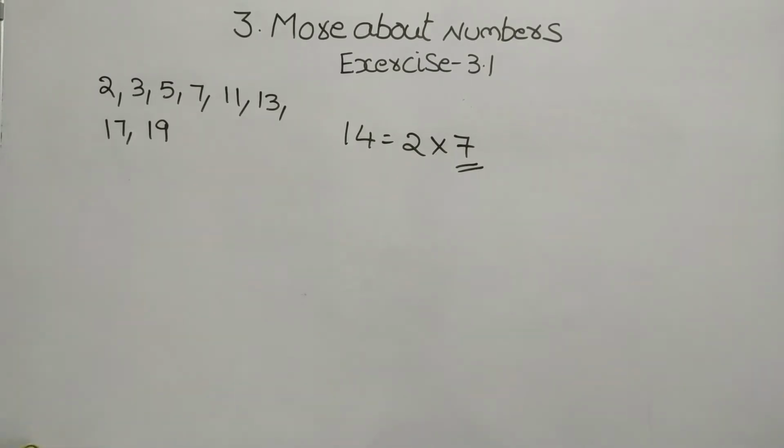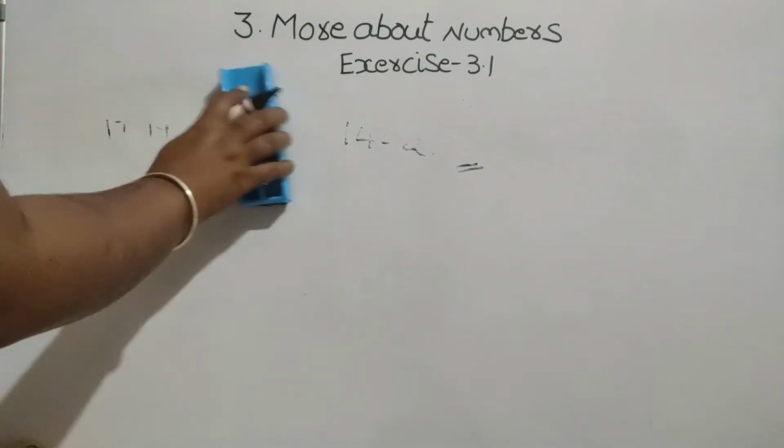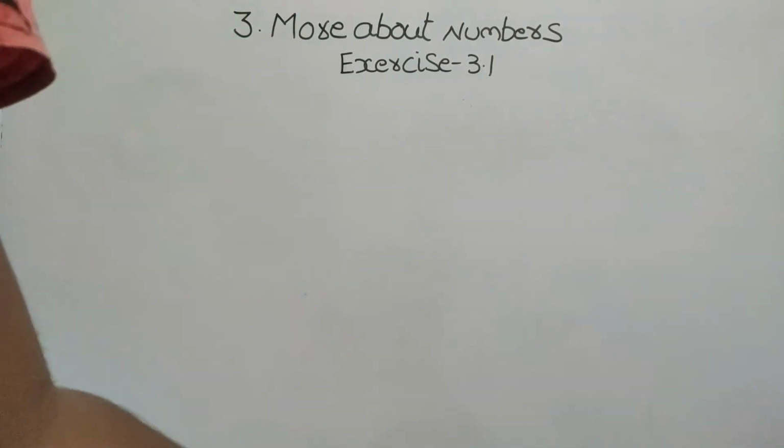Which pairs of numbers are coprimes? First of all, what is coprime?